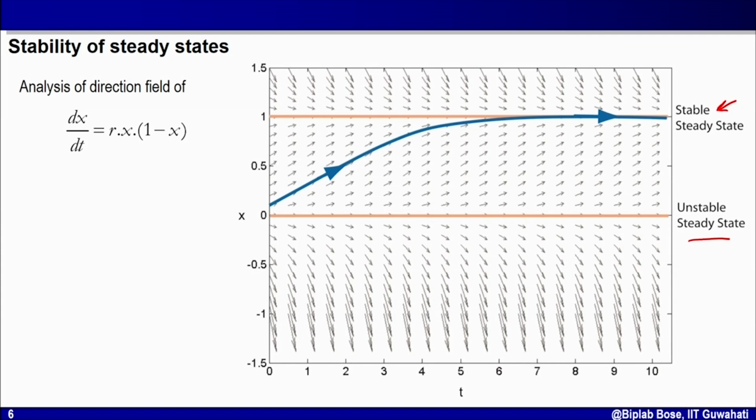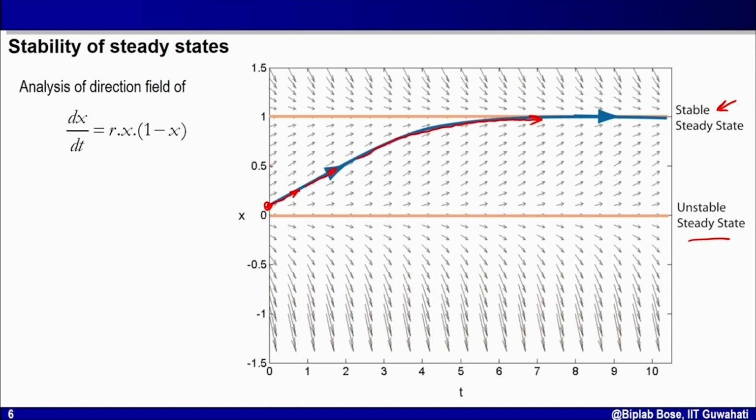Suppose at time equal to 0, x is here. Then it is slightly away from the unstable steady state. As the arrows in the direction field show, with time x will increase and ultimately collapse at the steady state which is stable, whose value is x equal to 1.